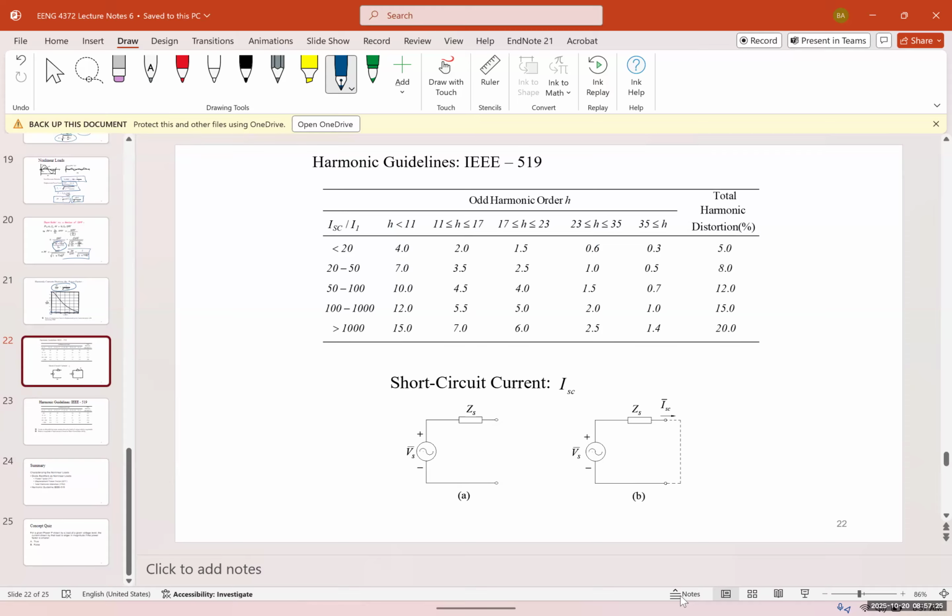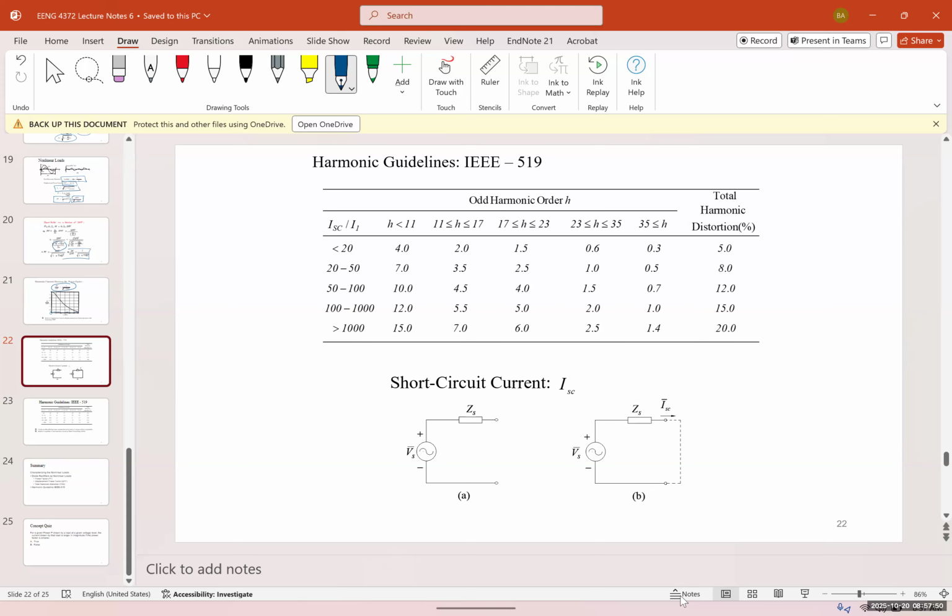Now, we usually provide these tables when you have a system like this. This table is the IEEE 519, the total harmonic guidelines. And you can see that for ISC over I1 of less than 20, H less than 11, you can see the different harmonics.